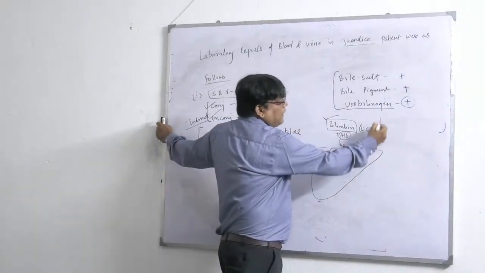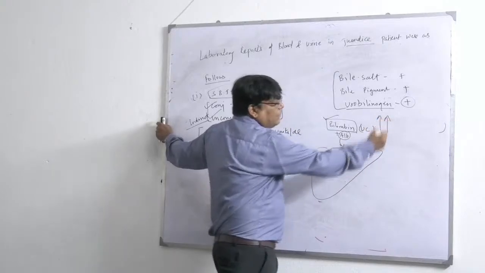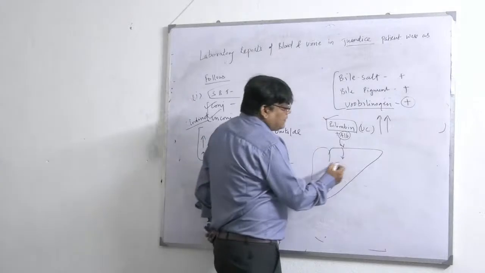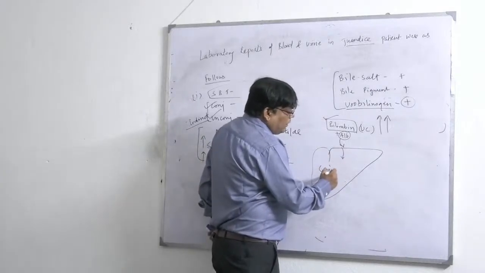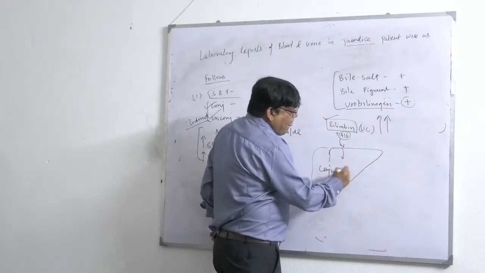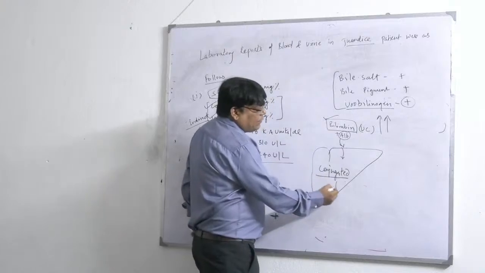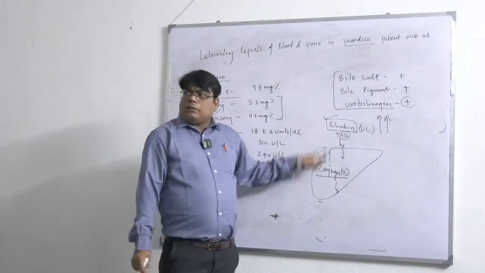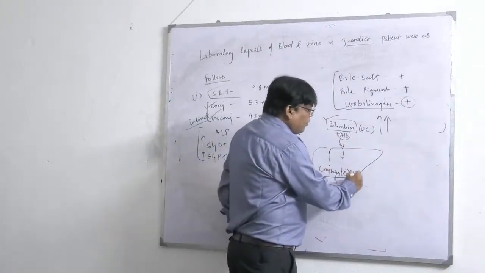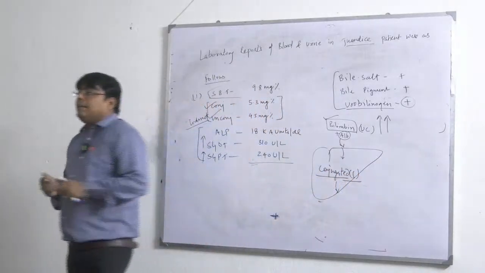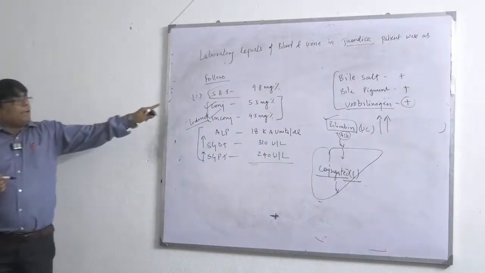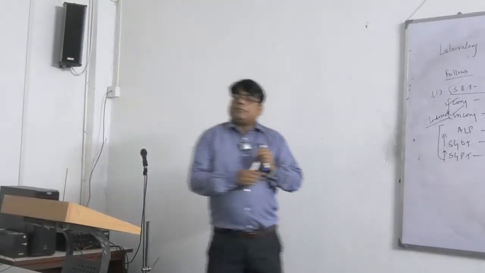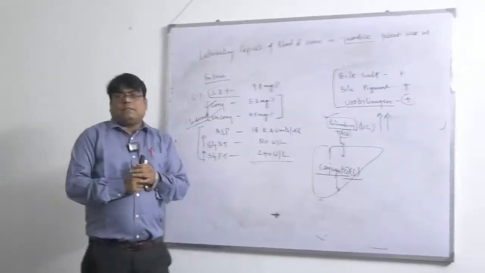So the level of unconjugated bilirubin is high because it is not further metabolized. And some of the conjugated bilirubin is not properly drained out of the liver. So both unconjugated and conjugated bilirubin increase. You will see the report. So this is the clear case of hepatic jaundice.